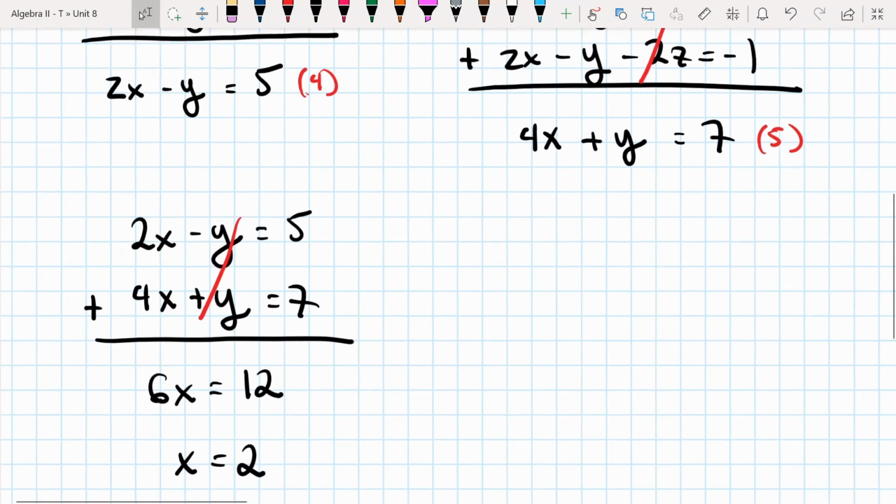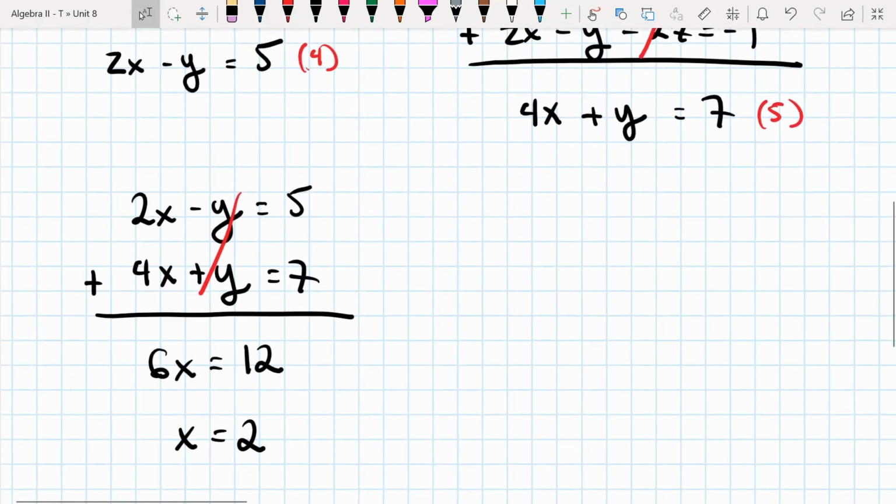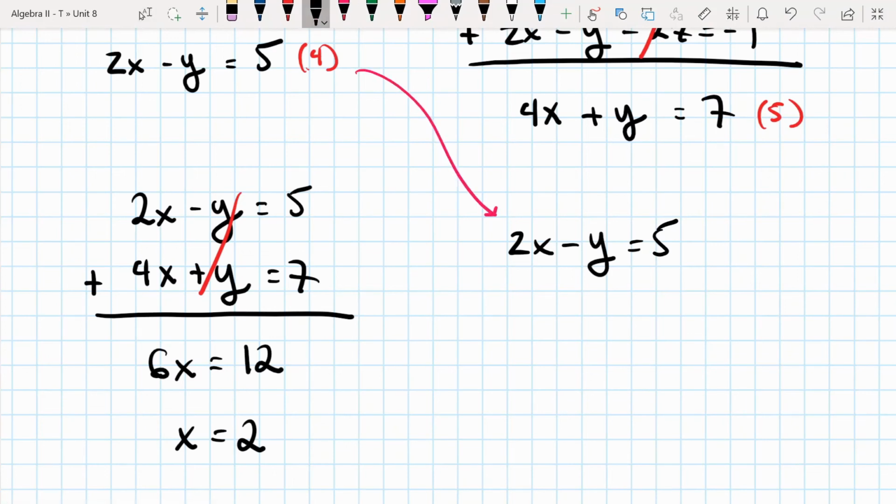And then what we're going to do is pick this x value, plug it into either equation 4 or 5. It doesn't matter, you're going to get the same answer, and then solve for y. So I think equation 4 might be easier to plug into. So let's just bring this equation down here, and let's plug in x equals 2 into this equation.